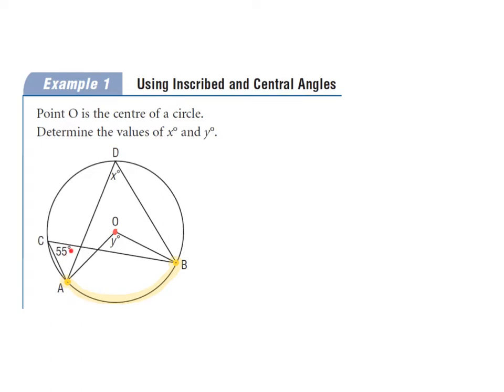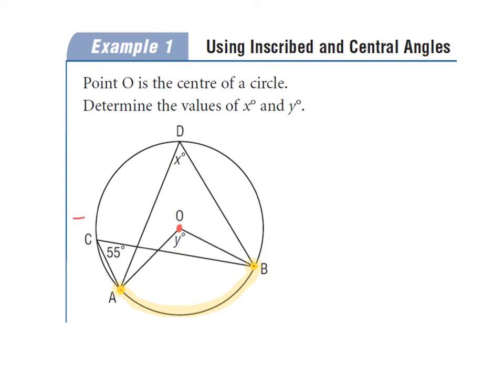So if I'm looking at 55 degrees, this is an inscribed angle off of arc AB. So I'm just going to label it with an I. That might be helpful. So an inscribed angle here is 55 degrees. Something that you also might have noticed is that off of arc AB, there is another inscribed angle.